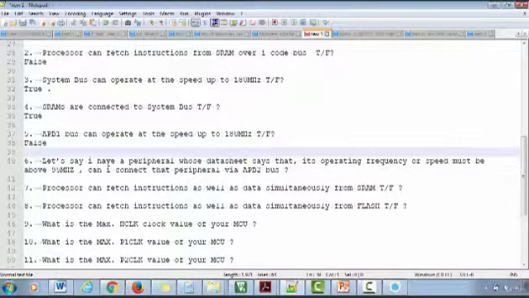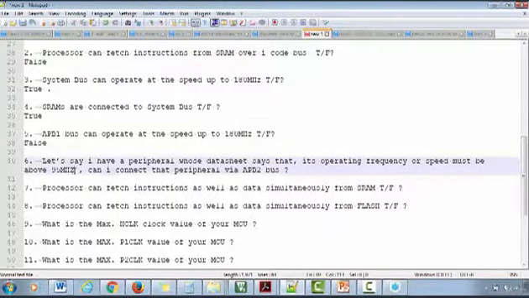Let's say I have a peripheral whose datasheet says that its operating frequency or speed must be above 95 megahertz. Can I connect that peripheral via an APB2 bus? Here there is a device or peripheral which must run at 95 megahertz to behave properly.